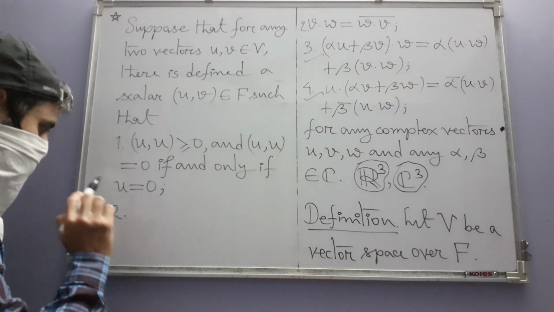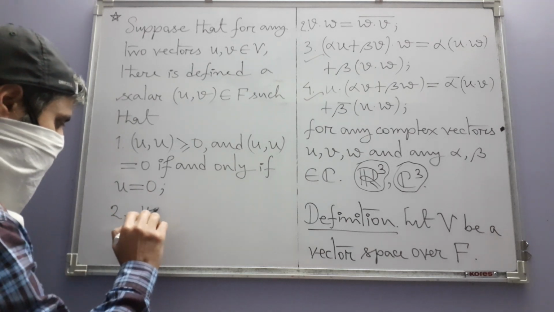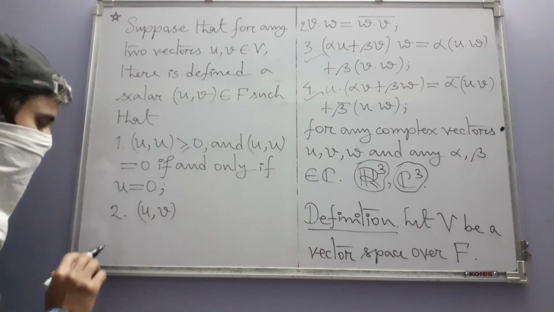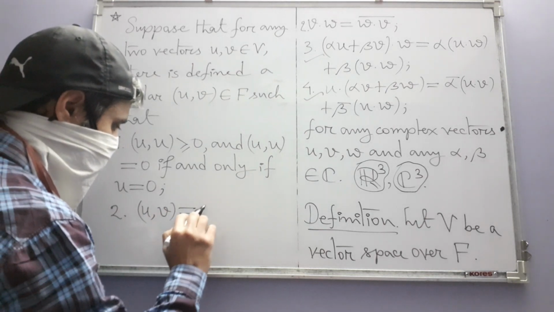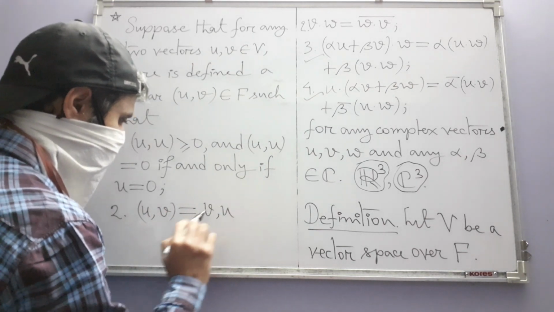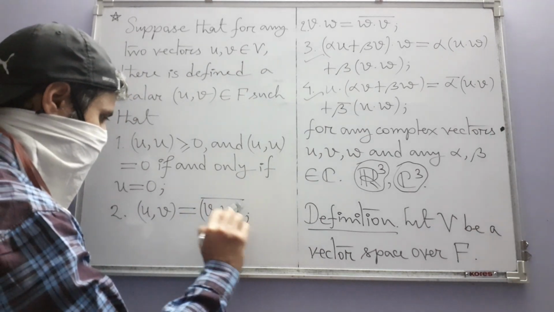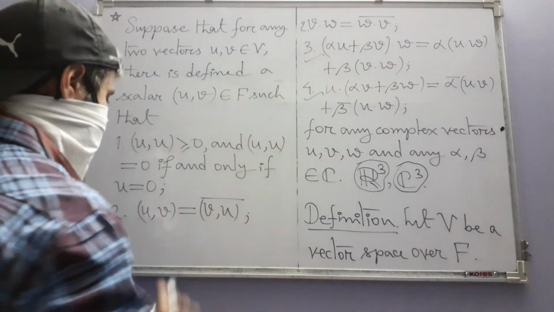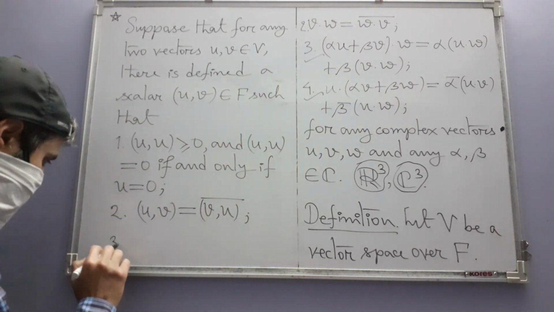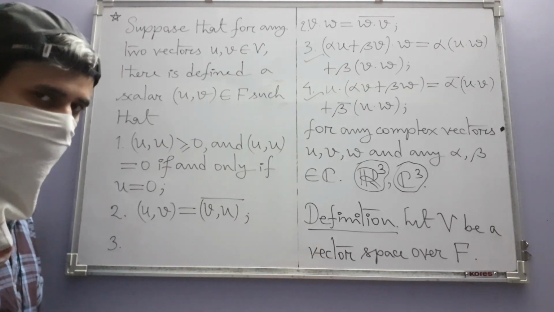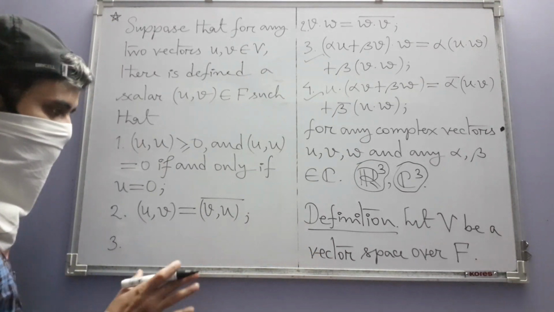Number 2, the scalar u comma v is equal to the complex conjugate of the scalar v comma u, which mimics this property. And number 3, unlike 4 of them, we are going to have 3 of them, just like how we have them in the real case.